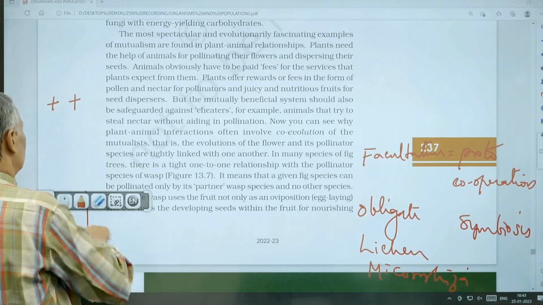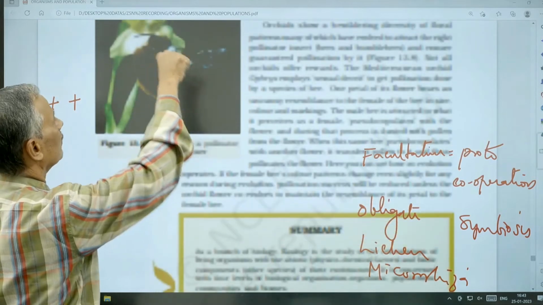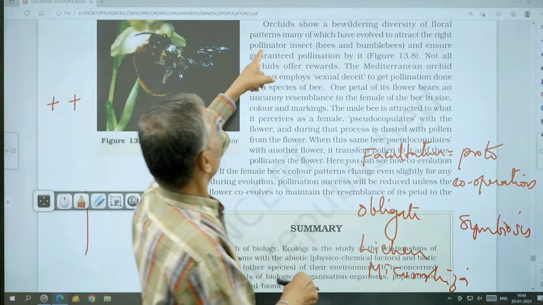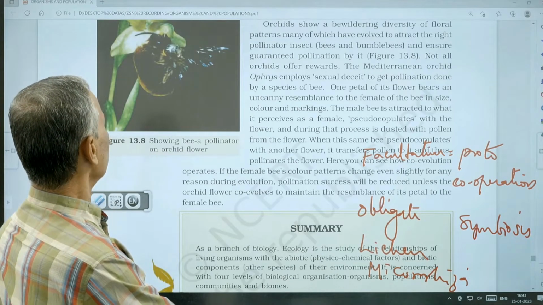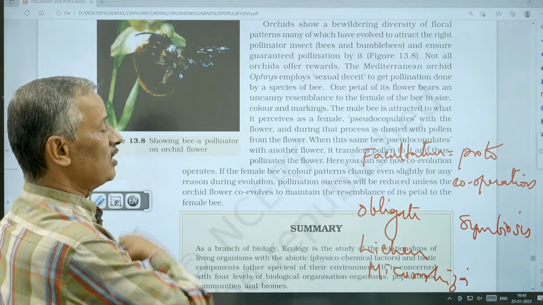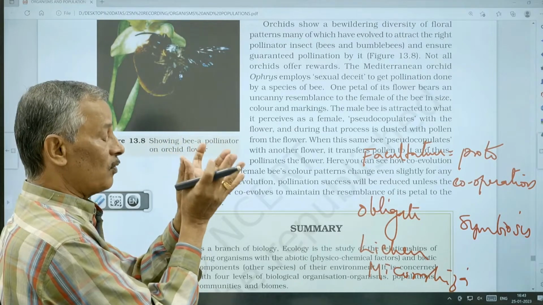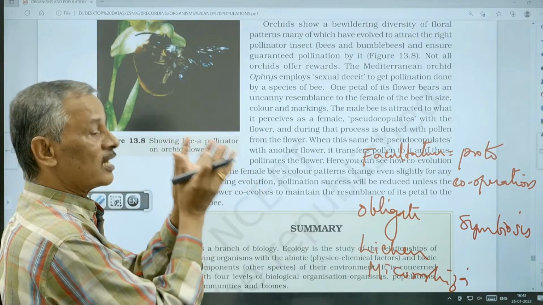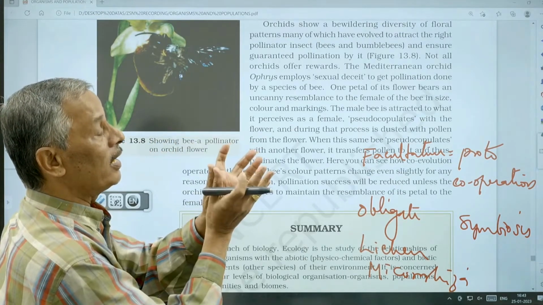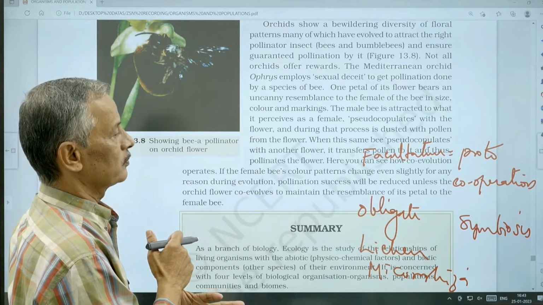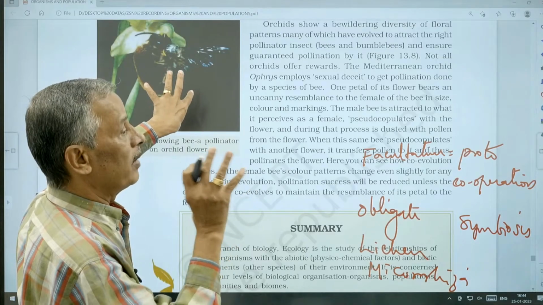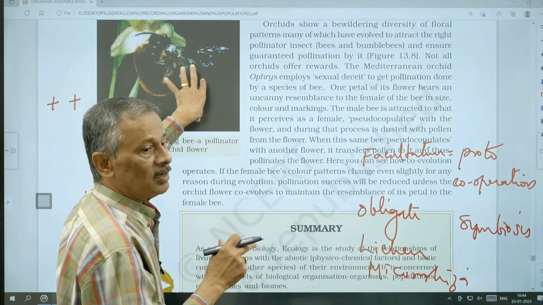And this is seen in orchids. Ophrys musifera. Ophrys musifera is an orchid which is having its flower petals resembling a female bee called aureus, so that a male will think that it's a female sitting there.